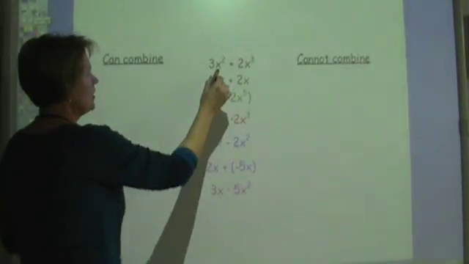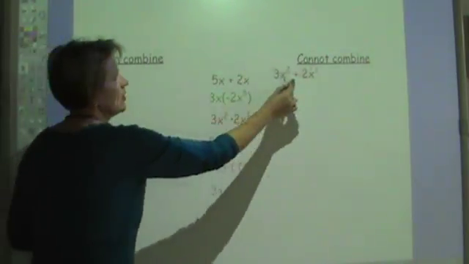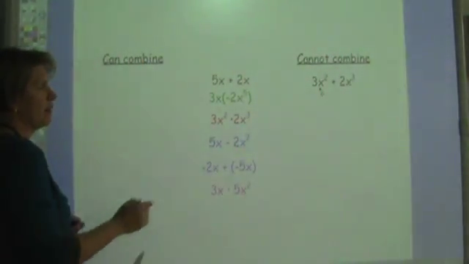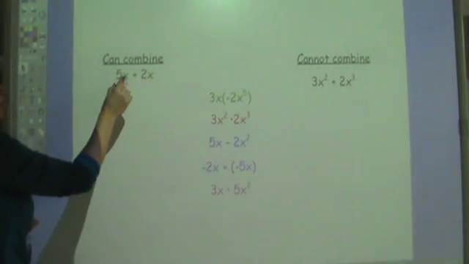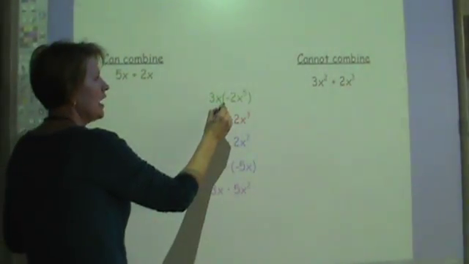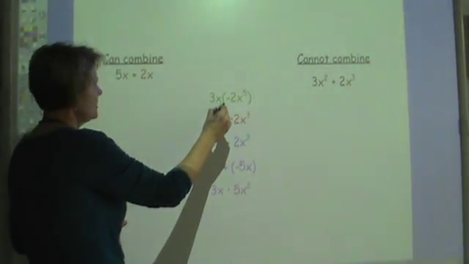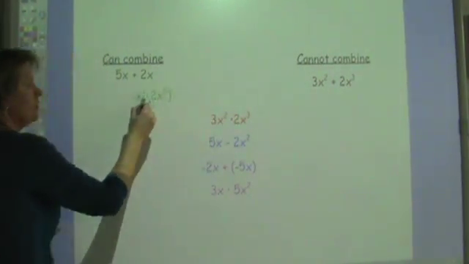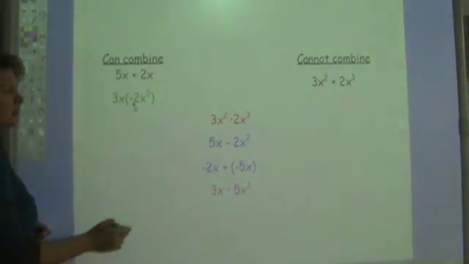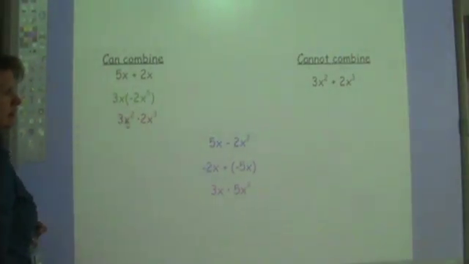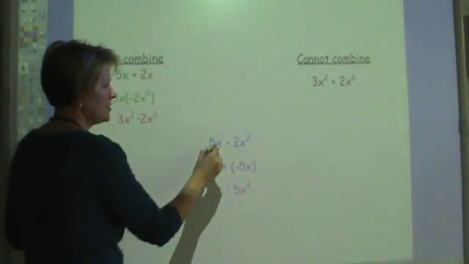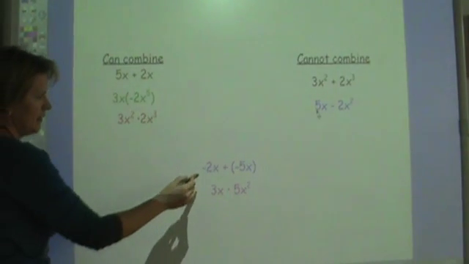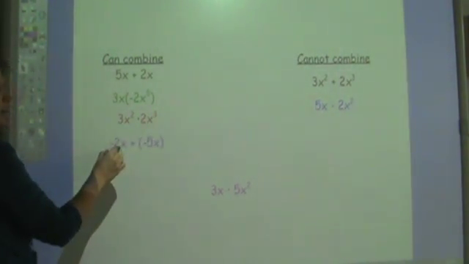Okay, so can we combine them? 3x squared and 2x cubed. No, they're not like terms, so we can't add them. 5x and 2x. Yep, we can add those together. Now remember, with multiplying, doesn't matter if they match up or not, okay? We can go ahead and combine those. Multiplying, doesn't matter. Okay, 5x minus 2x squared, cannot combine those. Negative 2x plus negative 5x, yep.